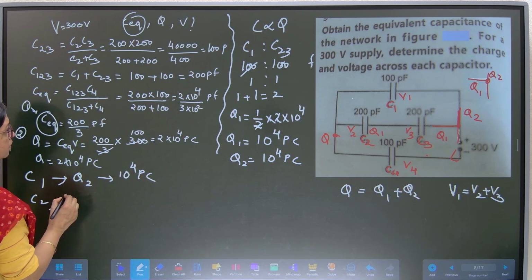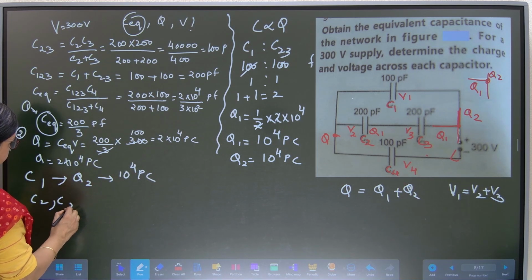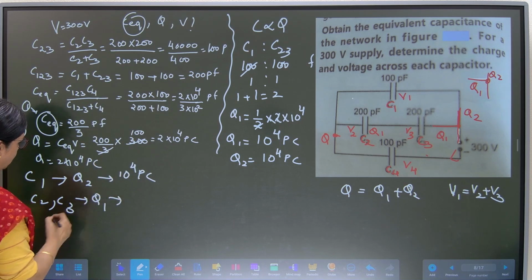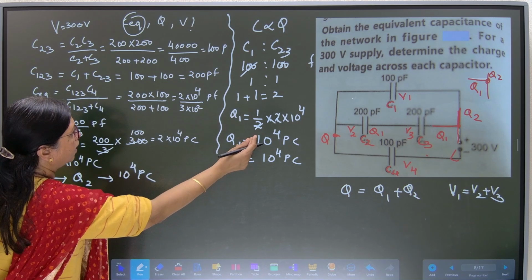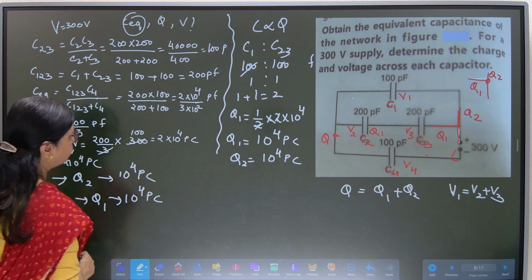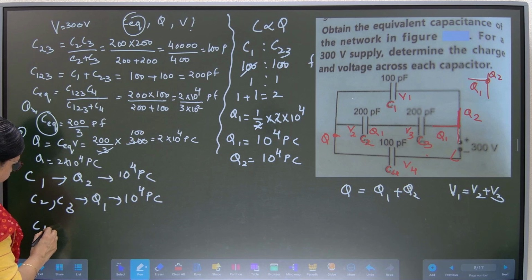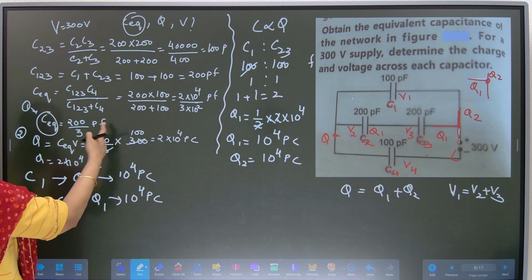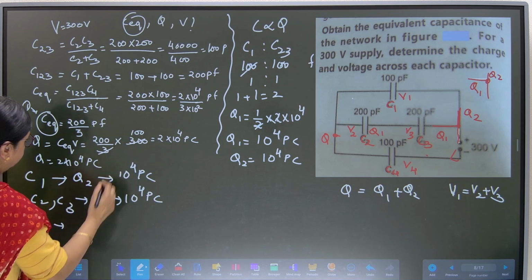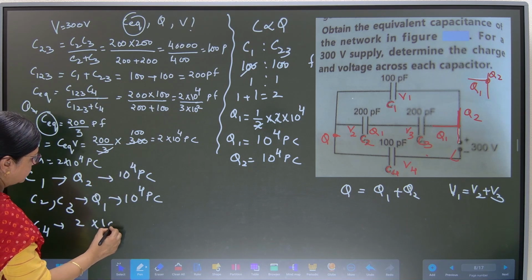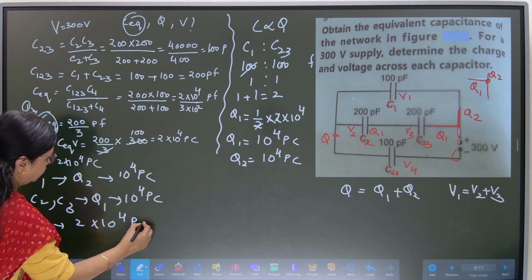C2 and C3 both have the charges Q1. So on C2 and C3, Q1 is again 10 raised to 4 picocoulomb. Then on C4, the charge is Q. So what is Q here? We had 2 into 10 raised to 4 picocoulomb.